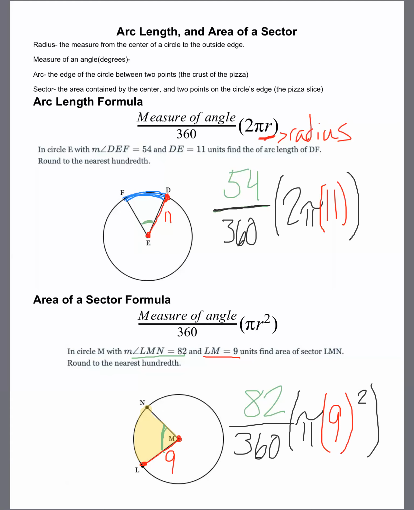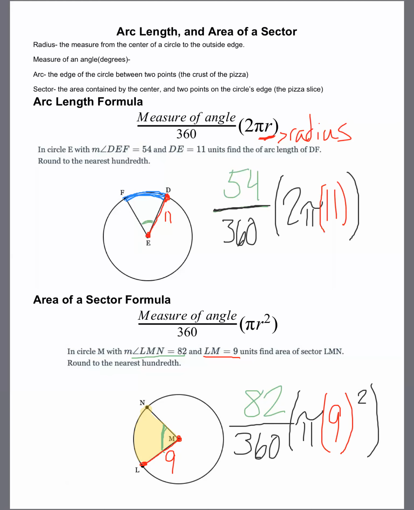Like, for example, let's say we get 0.8 for 54 over 360, correct? Do I multiply that by 2 pi first or do you multiply the inside first? That's what I'm saying. If you're multiplying, the order doesn't matter. Oh, okay. If you're multiplying, then you can multiply in any order.